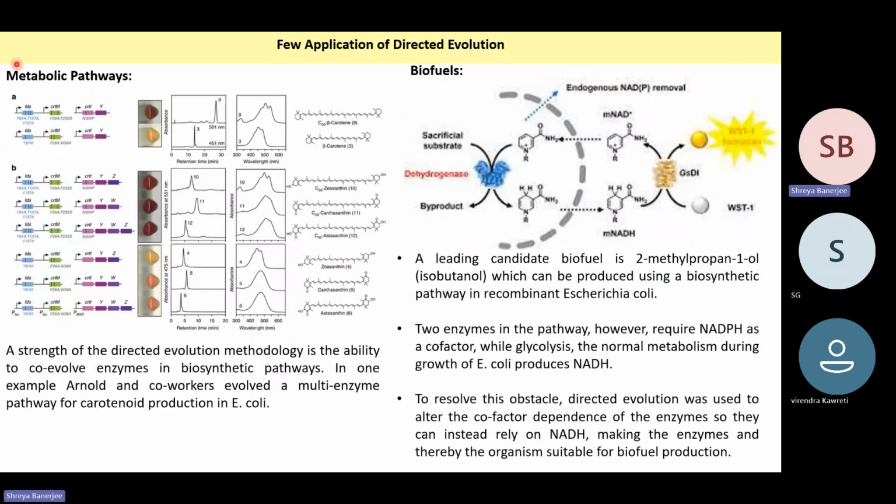Then we can look at different metabolic pathways. A strength of the directed evolution methodology is the ability to co-evolve enzymes in biosynthetic pathways. In one example, Arnold and co-workers evolved a multi-enzyme pathway for carotenoid production in E. coli. They found that multiple enzymes could catalyze this biosynthetic pathway.